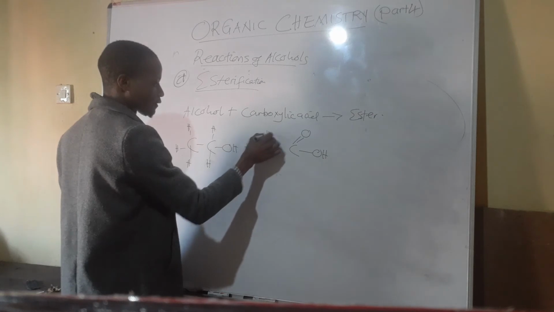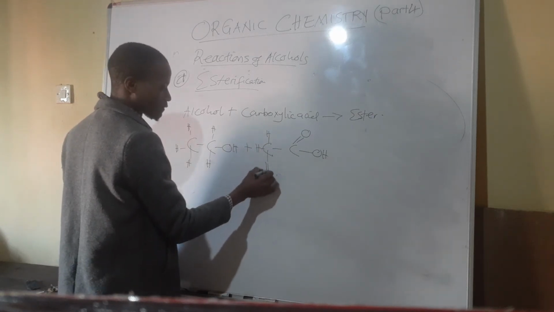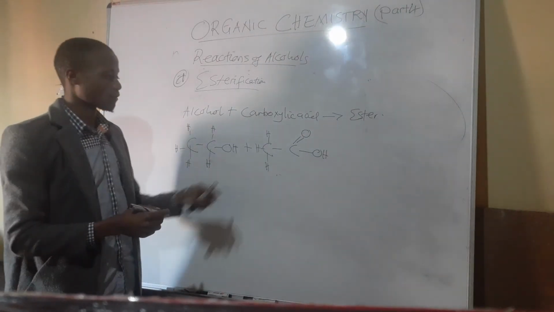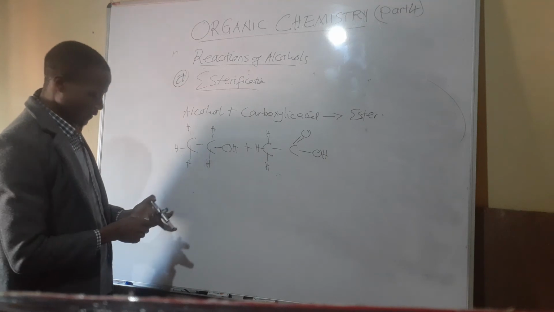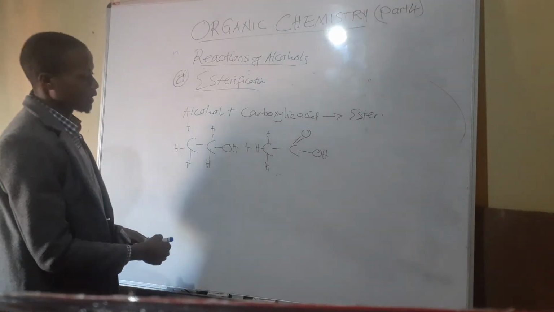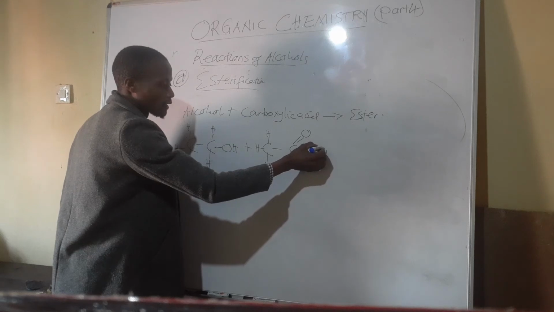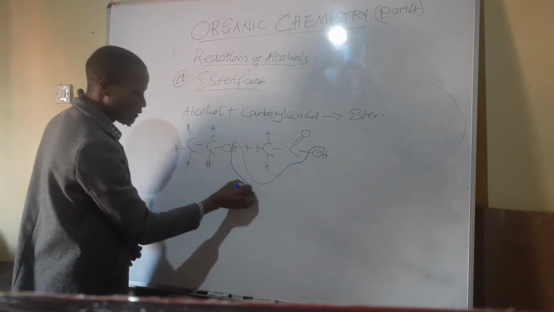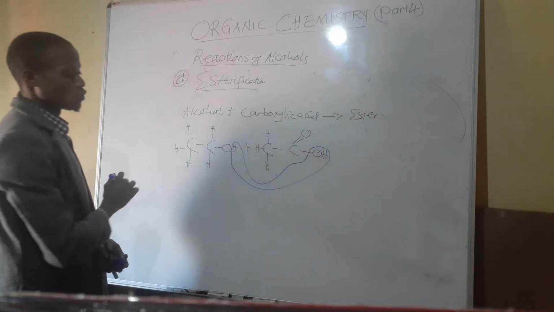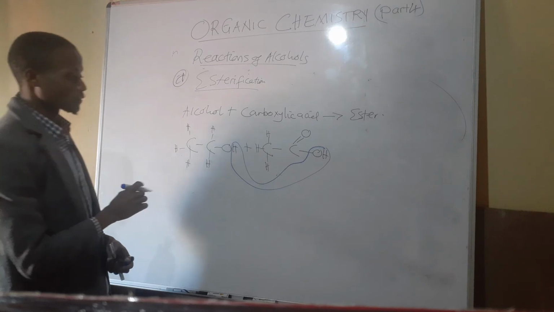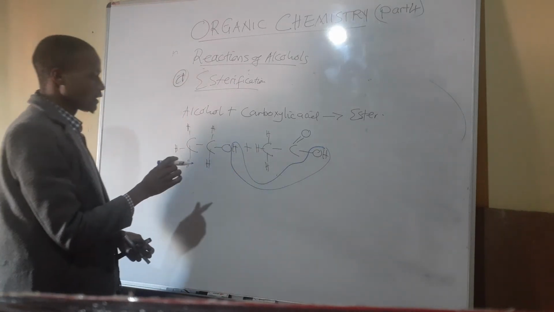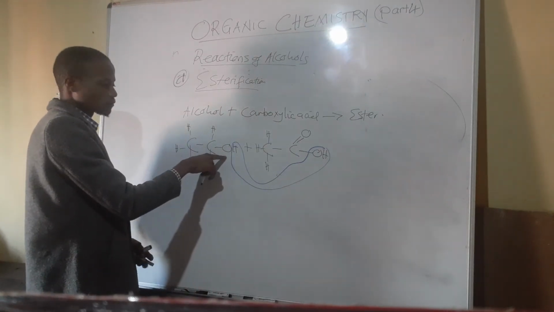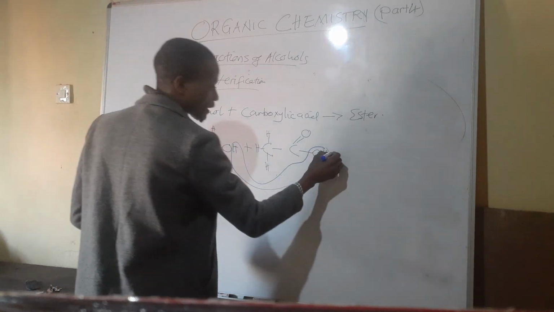Then you have hydrogen there, and also hydrogen on that side. So esterification is the reaction between an alcohol and a carboxylic acid. So what happens is this: the hydroxyl part of the acid combines with the hydrogen from the hydroxyl of the alcohol to produce water. Hear that? So this one and this one combine. Then it will allow this atom to come and combine with this oxygen, which will form the structure.